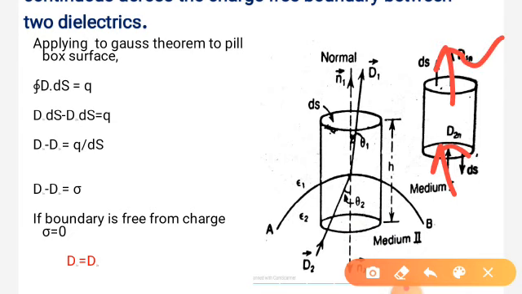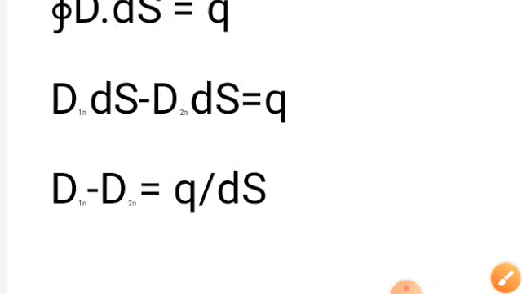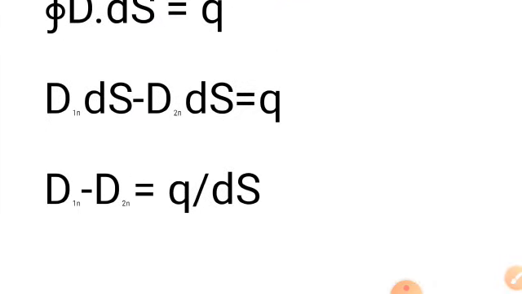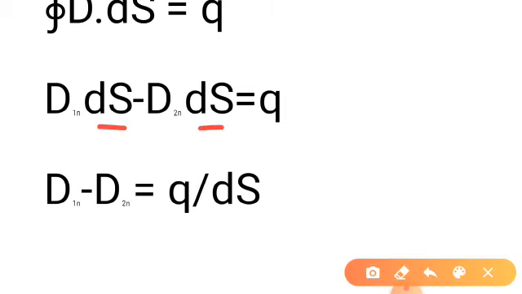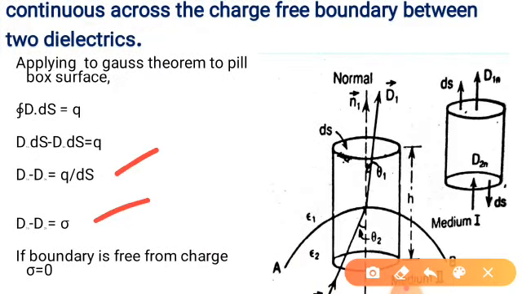Always outward is positive, always inward is negative. So d1n minus d2n, take the common ds, and it becomes d1n minus d2n is equal to q by ds. It is known as sigma. Sigma is surface charge density. So d1n minus d2n is equal to 0 if the boundary is free from charge.